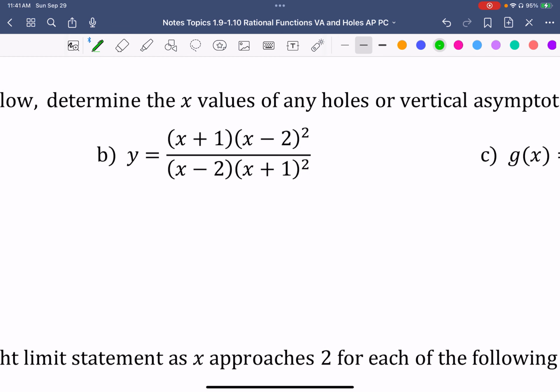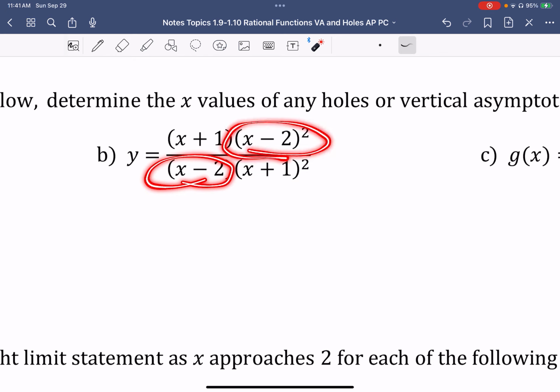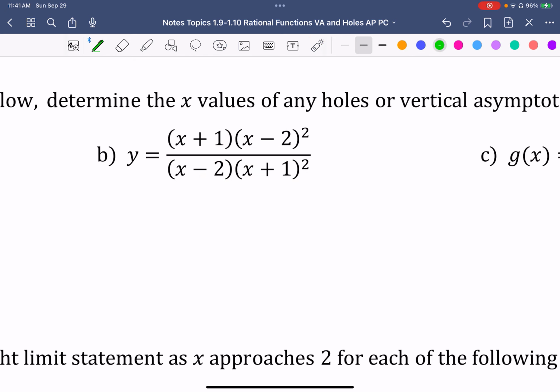So I have kind of the same factors. I have x plus 1 and x plus 1 squared, and then x minus 2 squared. Now, the exponent of both of these is 1 because they didn't have an exponent, okay? Now, if I analyze the exponents here, remember, if the exponent is bigger in the numerator, then it is a hole.